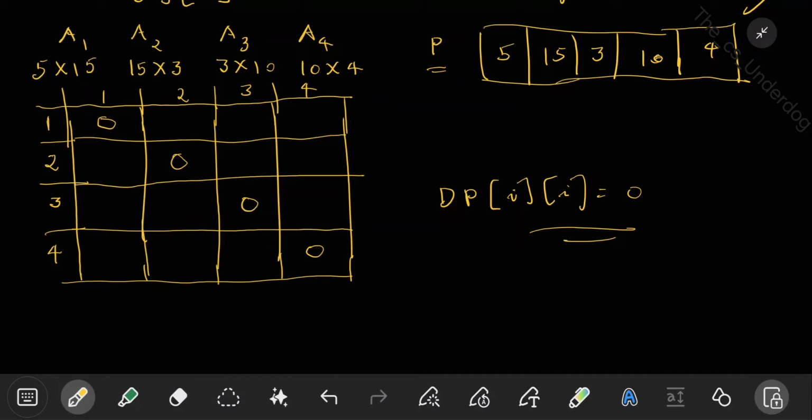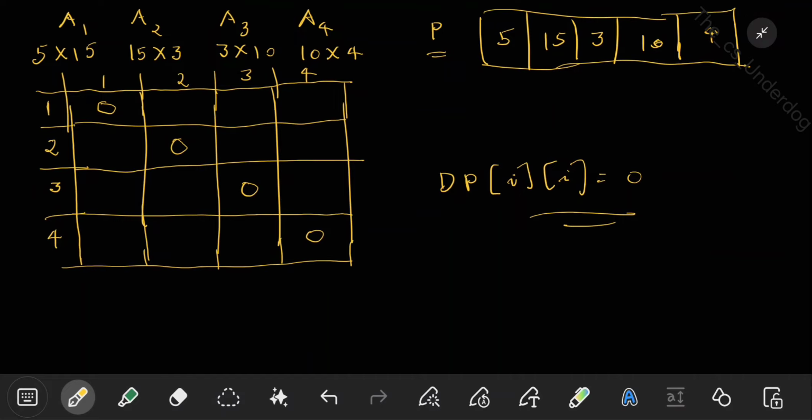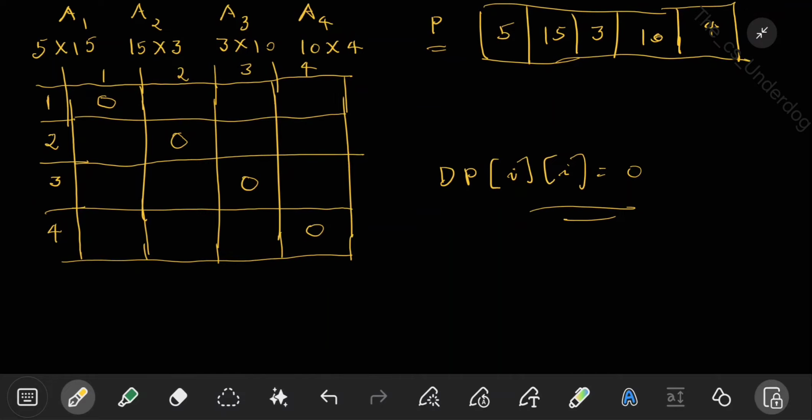Now starts the actual algorithm. We are going to fill each of the entries. Let us see where to start from. Next thing, we have to fill this diagonal. That is what we learned in the last lecture. After the main diagonal, we'll go to the next diagonal, and the next diagonal. Finally, when you reach here, you'll have the solution. This is the idea. Let us go to the second diagonal.